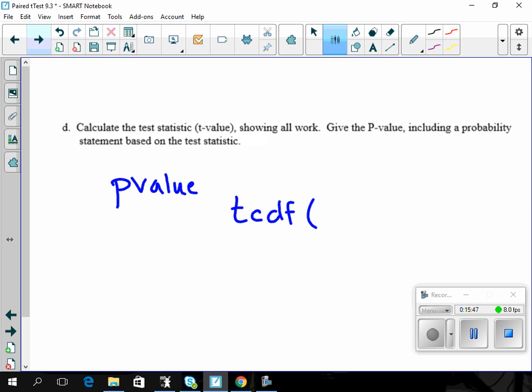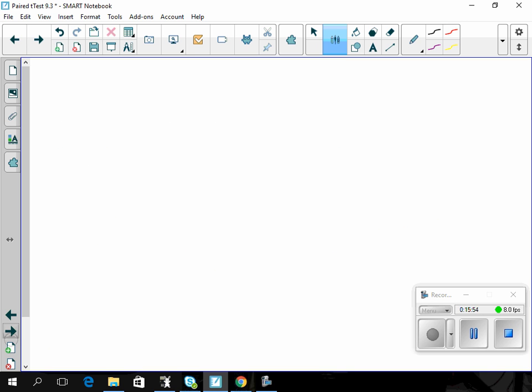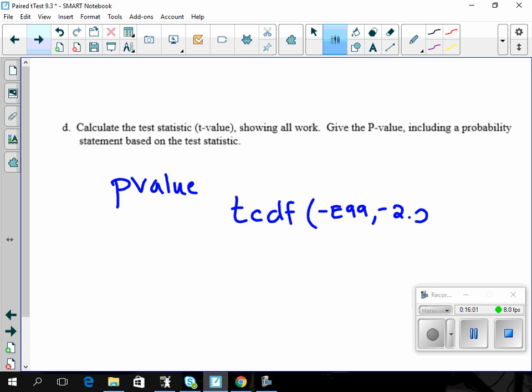So it's negative E99 to negative 2.59. I'm going to ask you a question about degrees of freedom. 11, because it's 1 less than the sample size. And so what is our p-value? Small? Yeah.